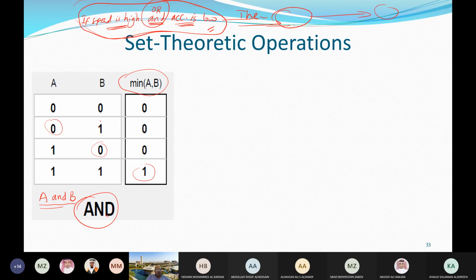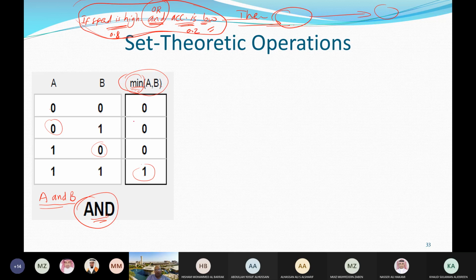If you have two inputs, you can compare which one is the minimum, and this minimum gives you an execution of the AND. Okay? For example, if you measure the speed and you have its degree of membership equal to 0.8, and the acceleration is low, and you measure the acceleration and found it has a degree of membership equal to 0.2.